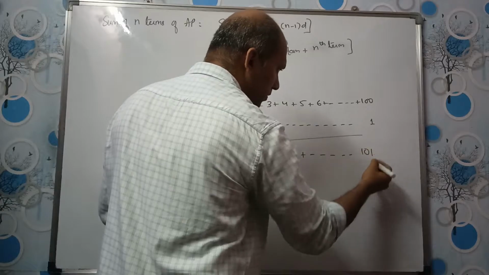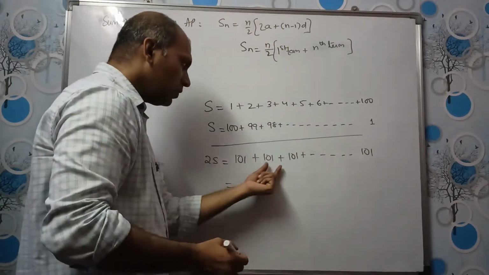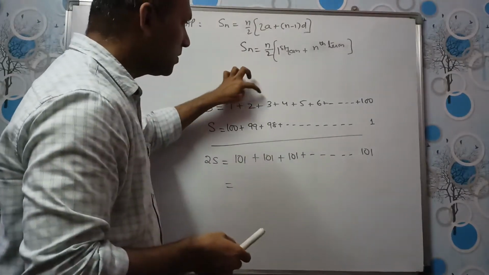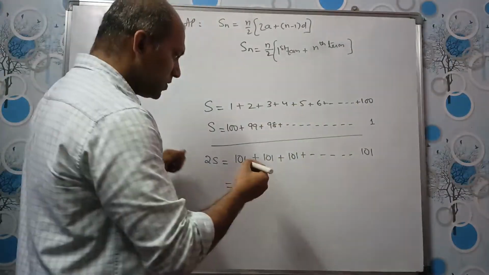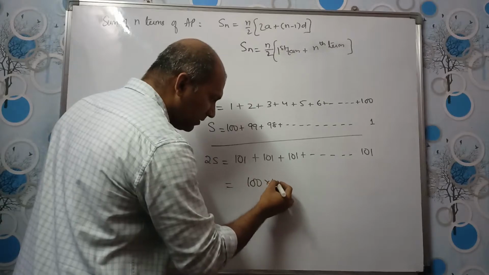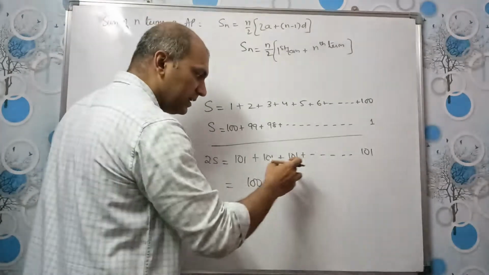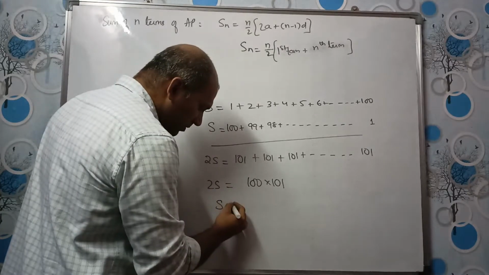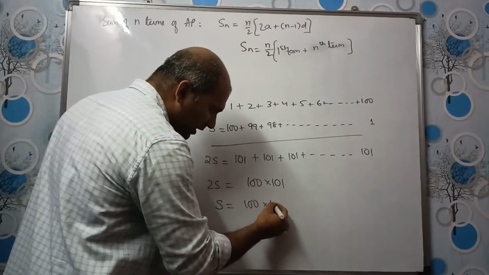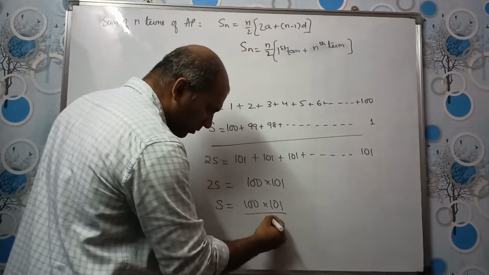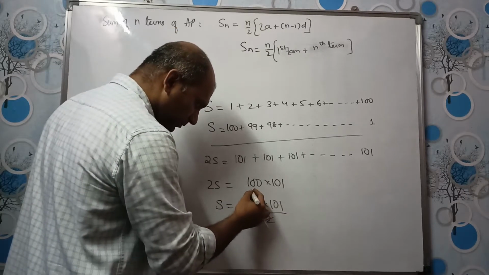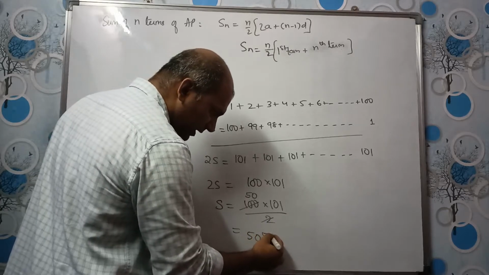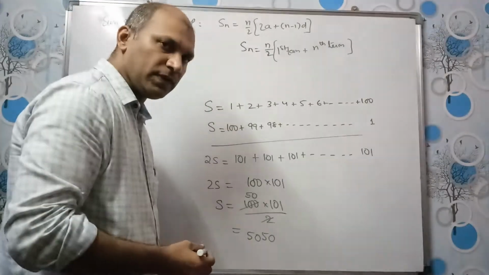The last term is also 101. So like this 101, 101, 101, how many times do we have? 100 times, because there are 100 numbers here, right? So we can write it as 100 multiplied by 101. So this is 2S. So what will be the value of S now? 100 multiplied by 101. This 2 will come to the other side, it will divide. So this will be 50 into 101, which is 5050.